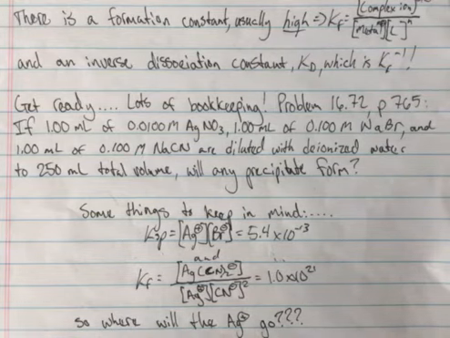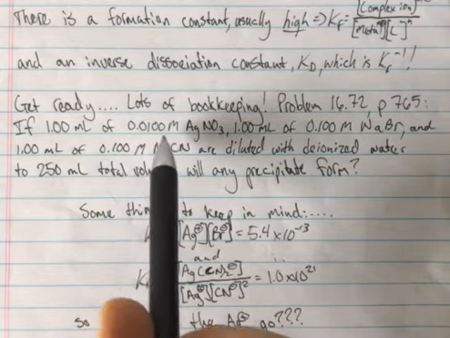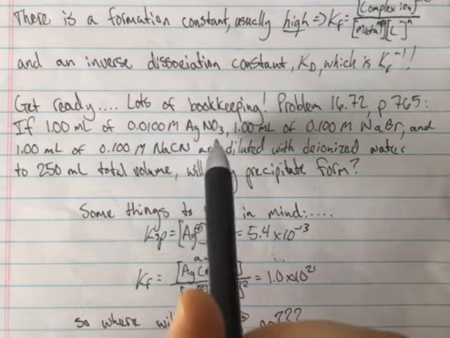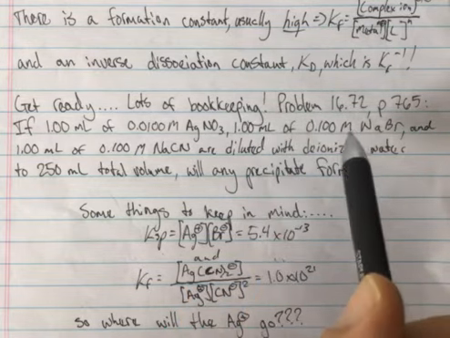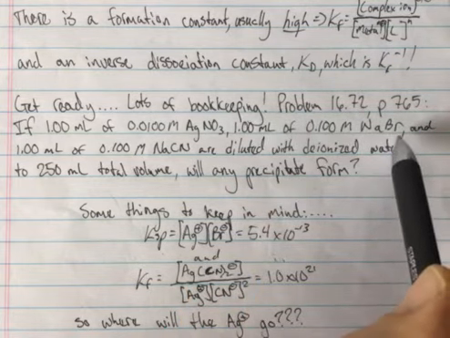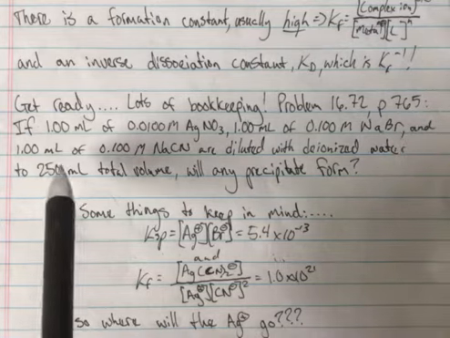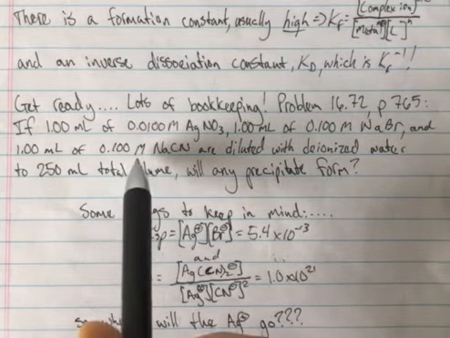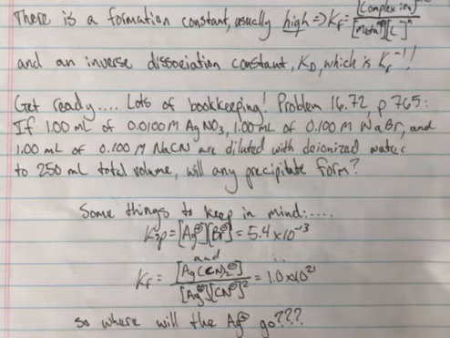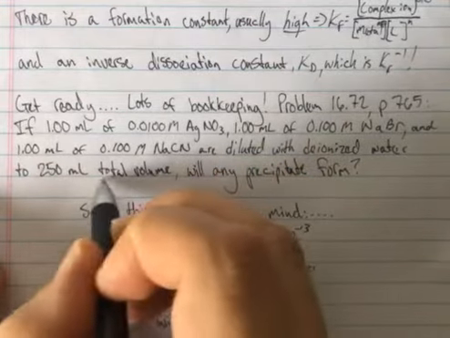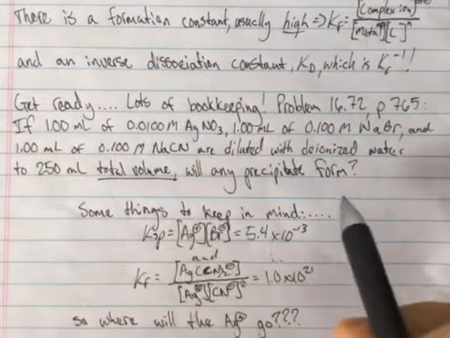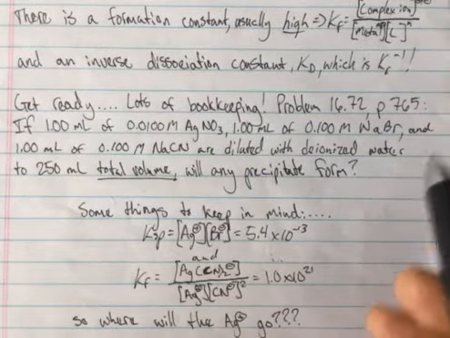If 1 ml of 0.100 molar silver nitrate, which is going to be a strong electrolyte, 1.00 ml of 0.100 molar sodium bromide, and 1 ml of 0.100 molar sodium cyanide are diluted with deionized water to 250 mL of total volume, will any precipitate form?